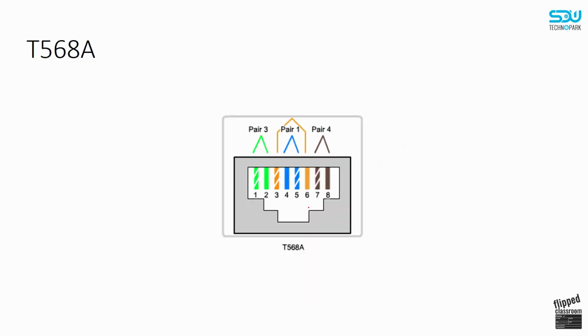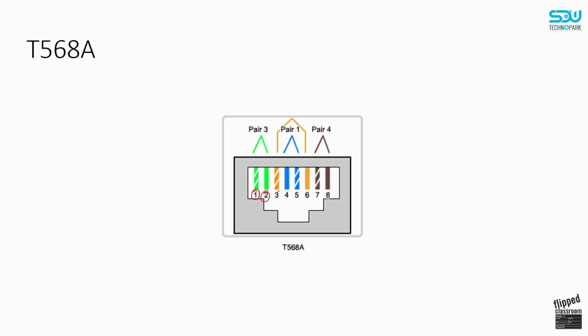And what else? We have 2 types of connectivity of our cable into the RJ45 connector. They are called T568A and T568B. In the A type of connectivity we have white green on the first pin, and green on the second pin.